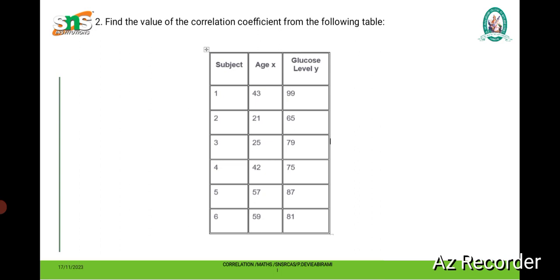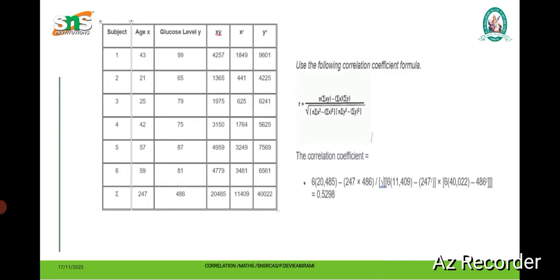So, I am going to calculate my summation x value by summing all the ages, and I get my summation y value by adding all the glucose level values. Xy means I multiply the age and the glucose value, x square means squaring the age, and y square means squaring the glucose level.